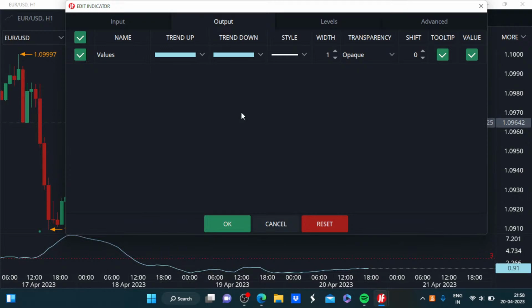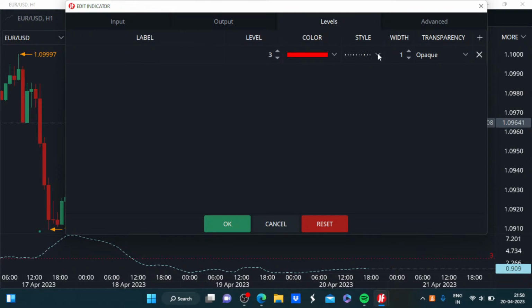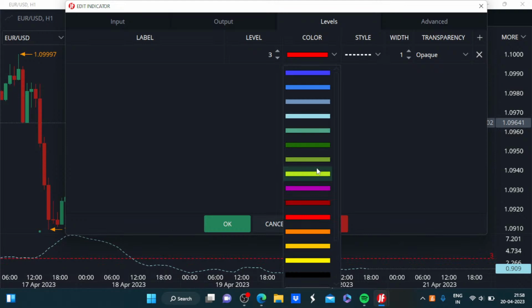Now I have opted for brighter shades. Styling combination can also be changed if you feel like. Levels, there is this level defined at 3. If you want to make it look more prominent, you can do that. Even the color can be changed. Let's opt for a brighter color.